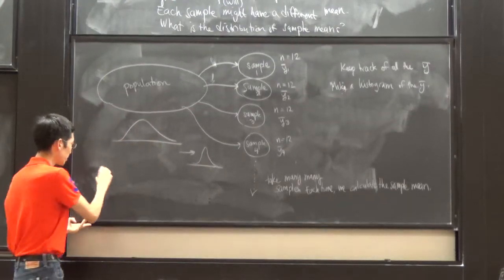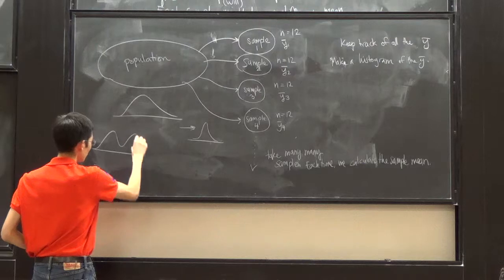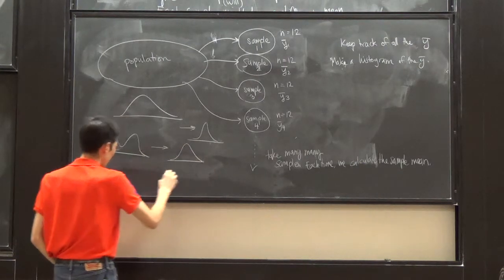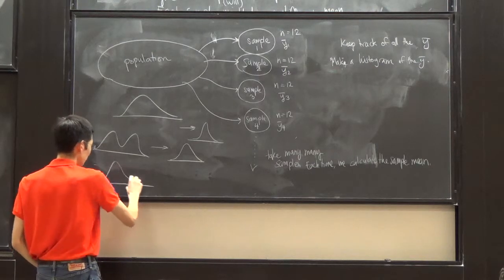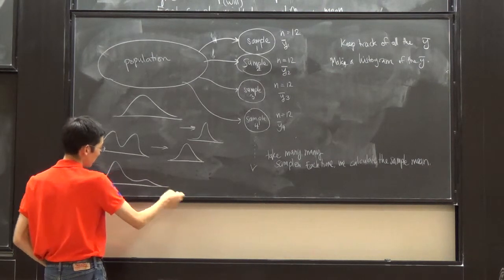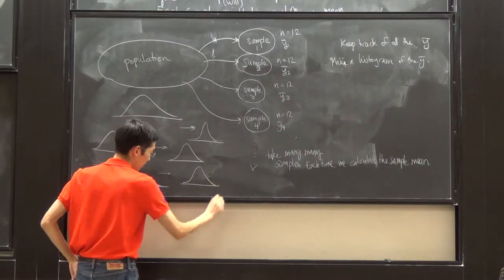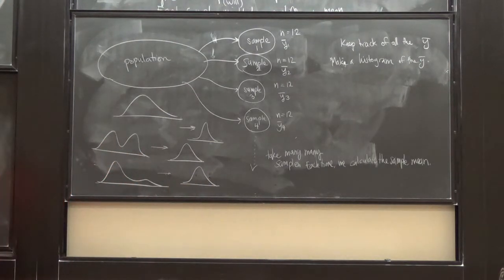Even when the population distribution was bimodal, it ended up looking normal as well. And even when the population was very skewed, it also started looking normal, maybe still exposing a little bit of skew.